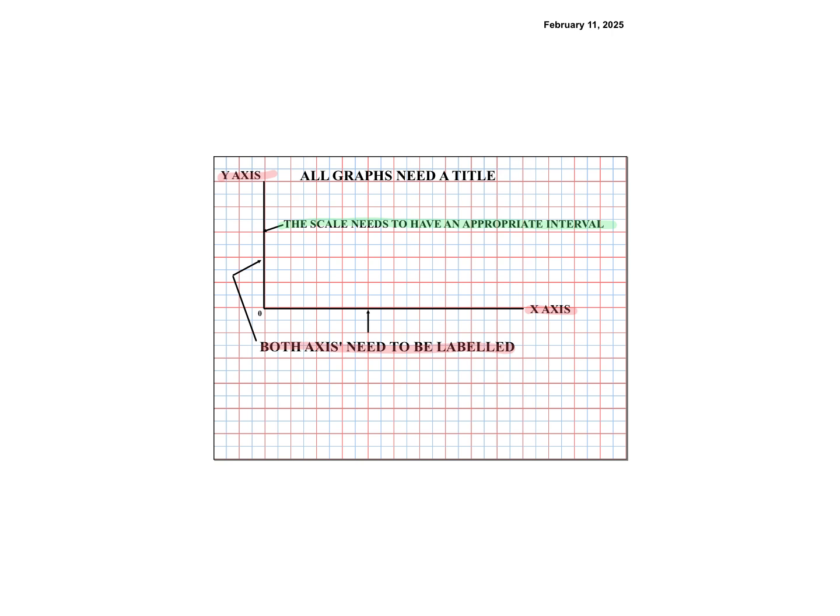And all graphs need to have a title, okay? We need to know what we're looking at. And the last thing that I would like to put on here for you is always use a ruler. Be neat, be labeled.